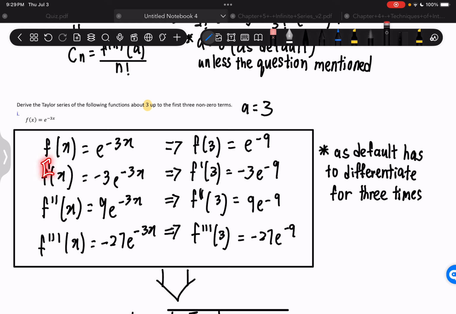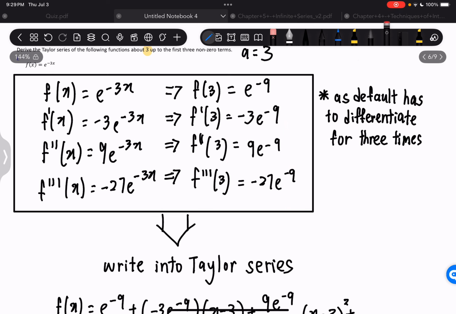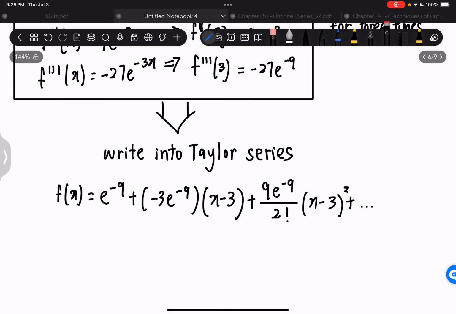This is differentiating the first time, then the second time, and the third time. Once you differentiate, you get these values, then you need to substitute x equals 3, because when a equals 3, x also equals 3. It's basically the same thing. When you substitute x equals 3, you get this answer. Once you have this answer, you can write it into the Taylor series like this.